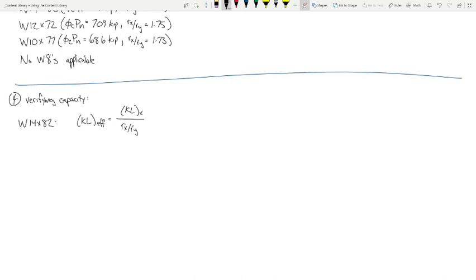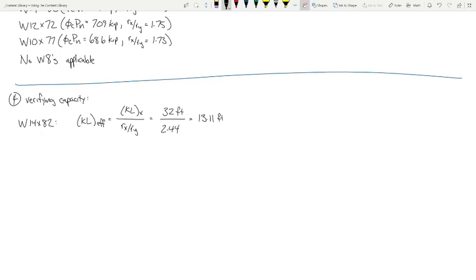So what is that? It's 32 feet divided by, what was the ratio? 2.44. And what do I get when I do that? 13.11 feet.